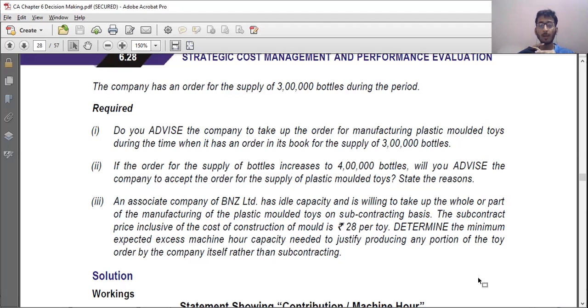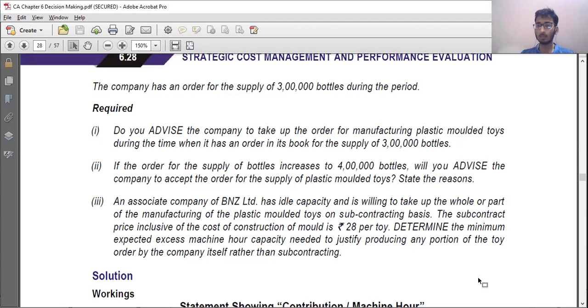If the subcontract price, inclusive of the cost of construction of mold, is 28 rupees per toy, determine the minimum expected excess machine hour capacity needed to justify producing any portion of toy ordered by the company itself rather than subcontracting.